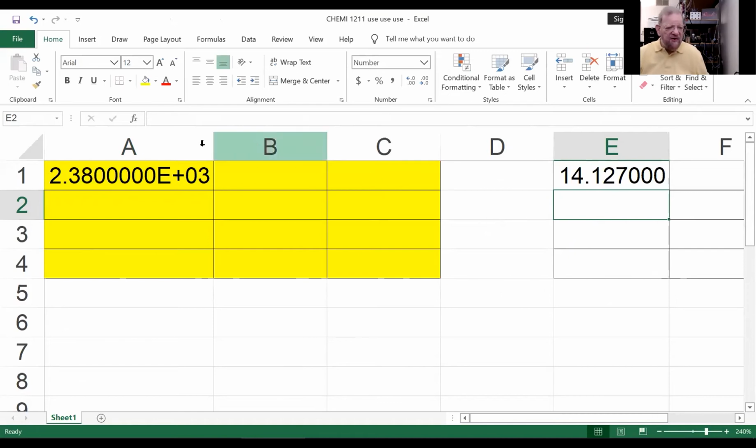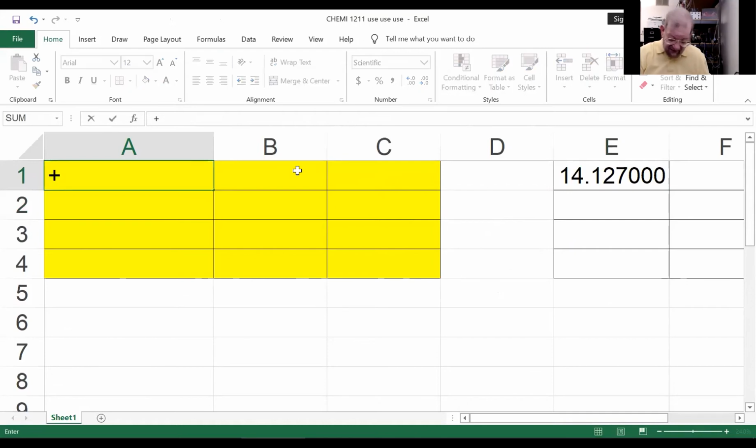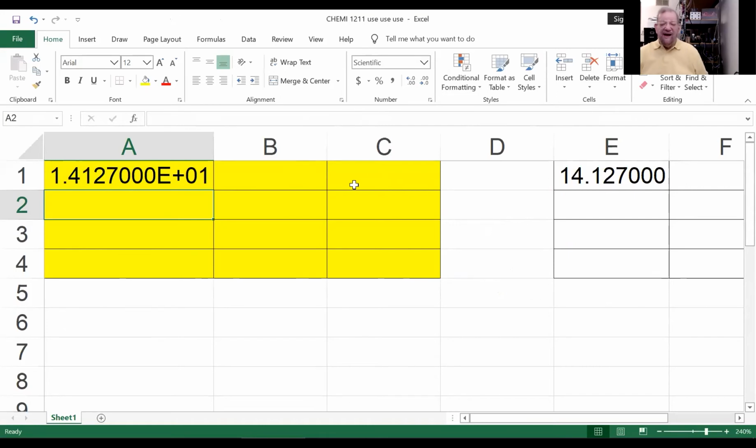Now, I could have also done this in scientific notation, which most of you probably have your calculator in. And which one is the right answer? Either one. Now, rounding these off to 4 significant figures, I keep on the scientific notation, keep the 1, keep the 4, keep the 1, keep the 2, use the 7 to round off.